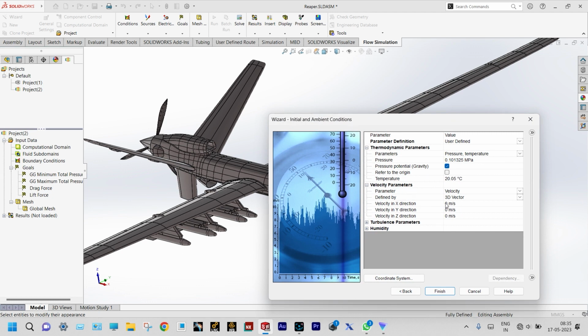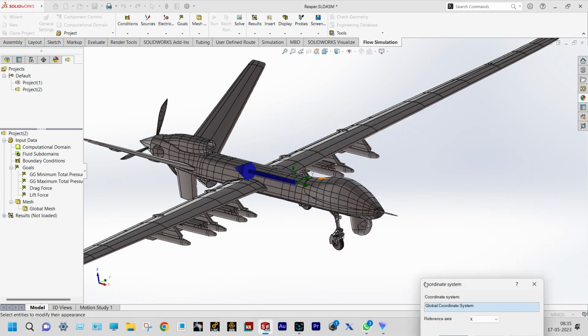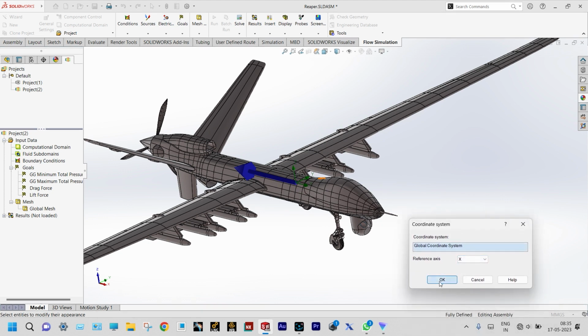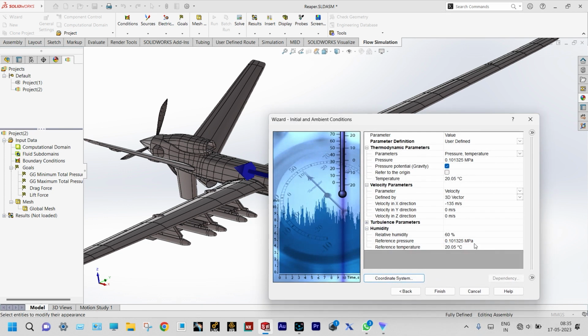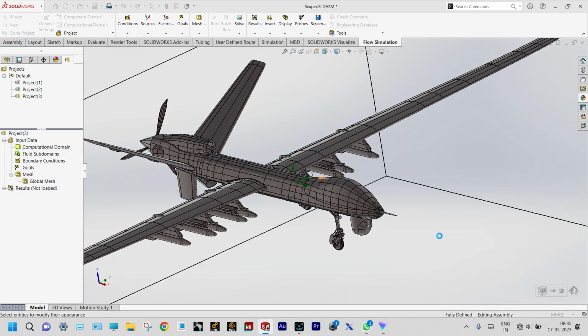In x direction it will be minus 135 meter per second, and humidity actually we are considering to be 60%, and the coordinate system will be along x, because the Reaper will be moving in x direction, so the coordinate system we're considering as x.